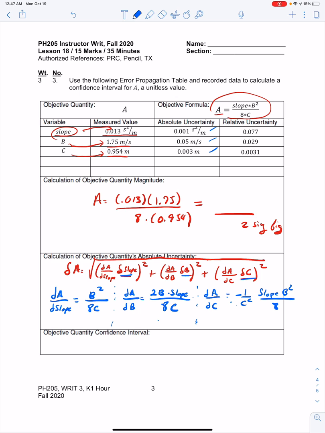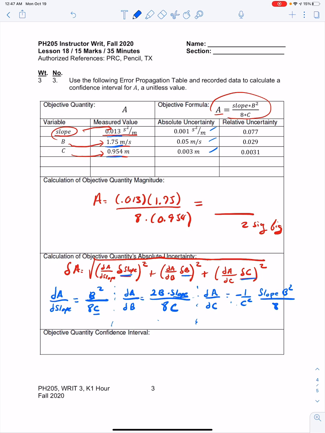The next thing is simply using all your measured values and replugging these measured values in b, in c, and in the slope.